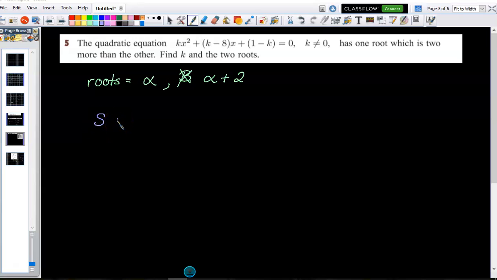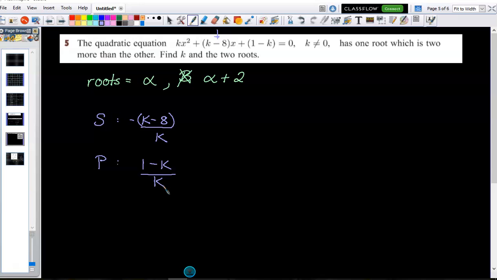What is the sum? Come on, you were a gun at this. k minus 8 all over k. Oh, have I forgotten something? The negatives, right? It's negative. What's my product? 1 minus k over k.